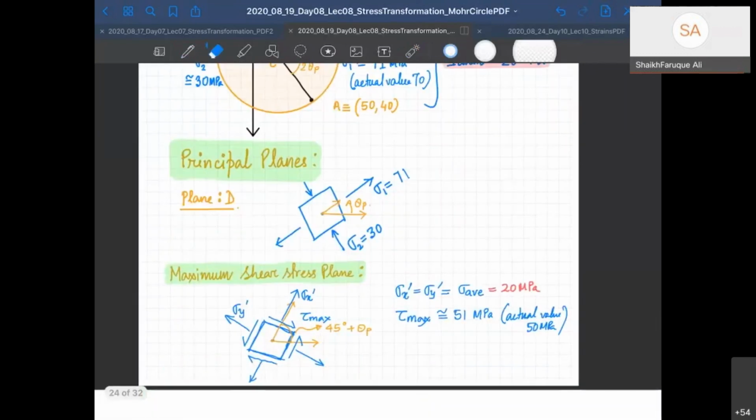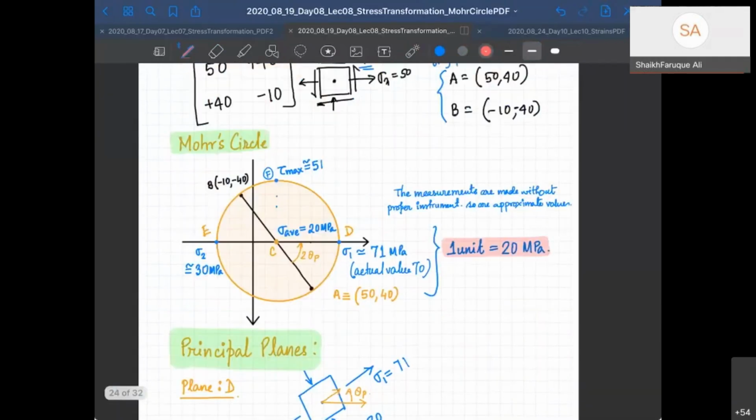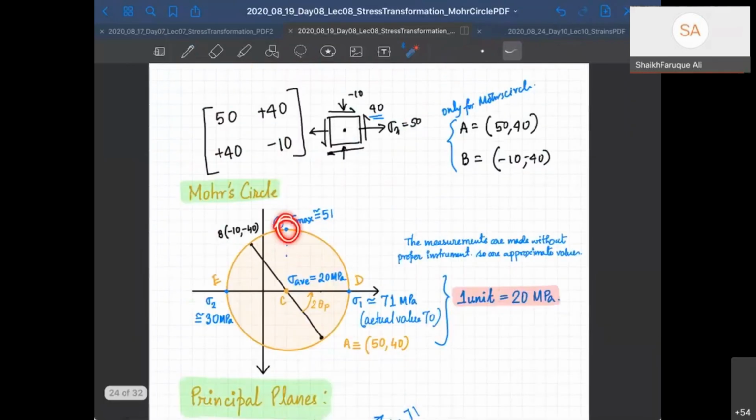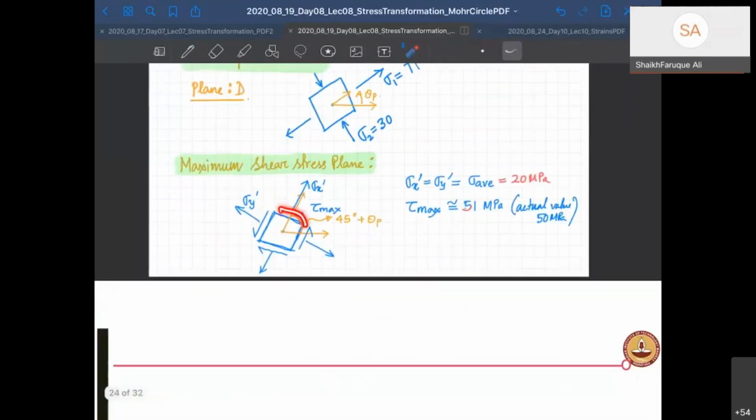It's on the negative side of the tau axis, so it's going to be clockwise like this.